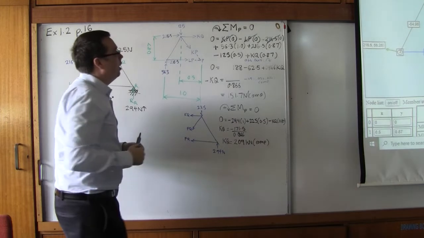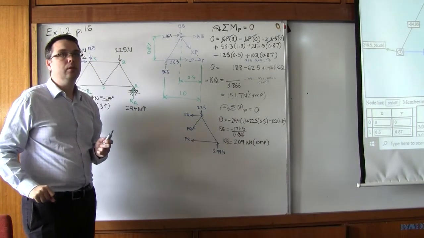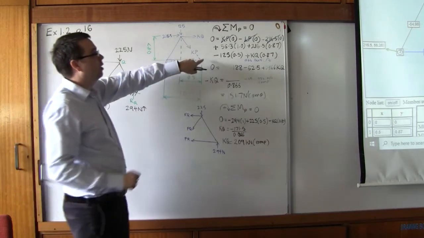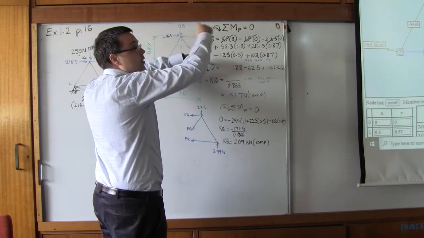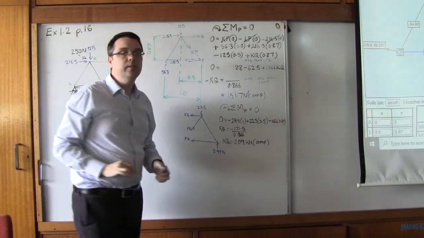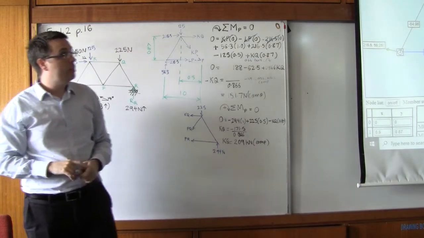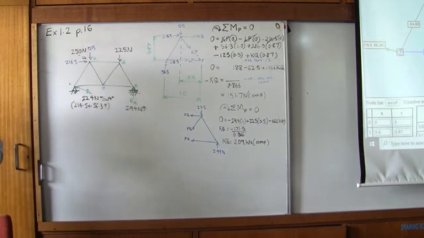So, why is it positive? Ready? Clockwise or anti-clockwise? Clockwise. Okay, it's clockwise, but how did we know that? There's no arrow on the diagram. Why did we draw the arrow going in that direction?